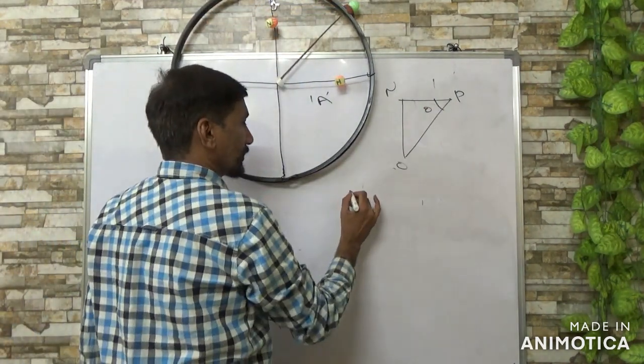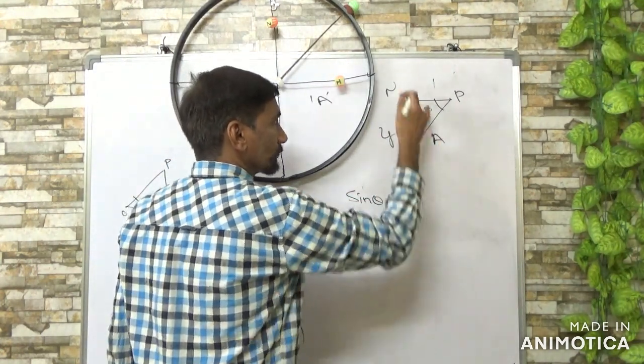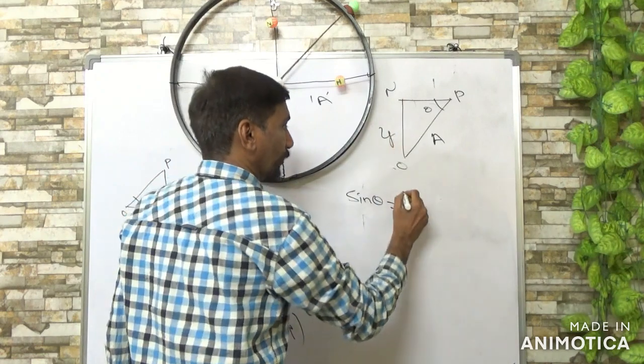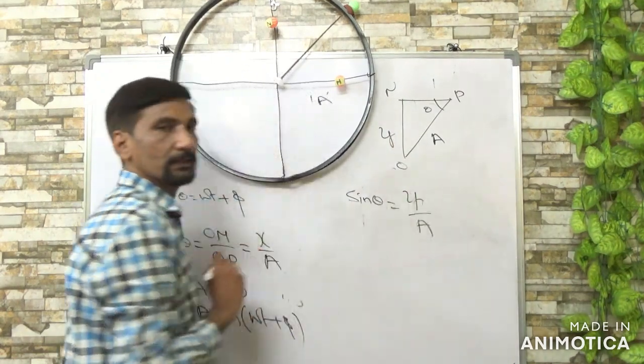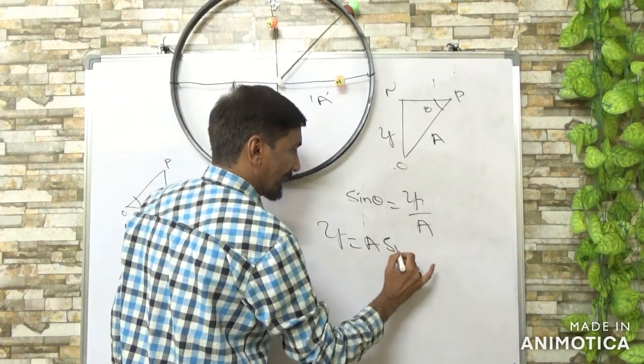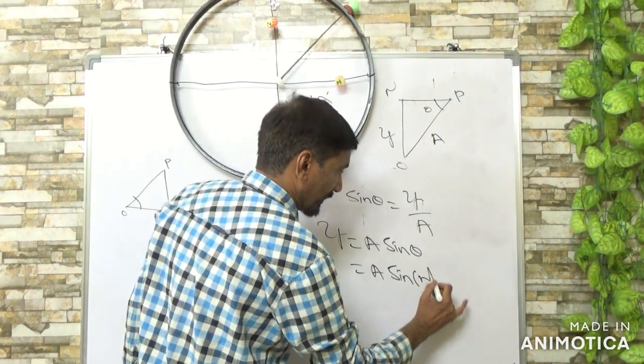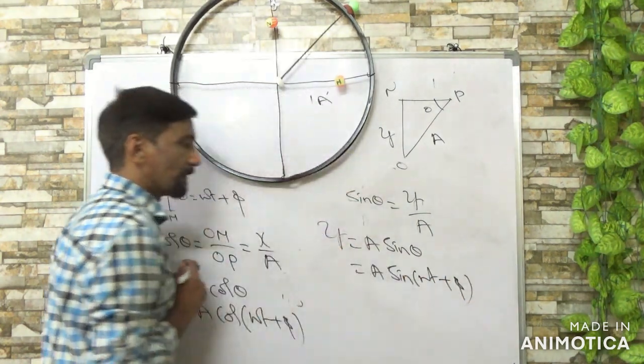From here you consider sine theta equal to opposite by hypotenuse. So y by A. So y is equal to A sin theta, nothing but A sin of omega t plus phi.